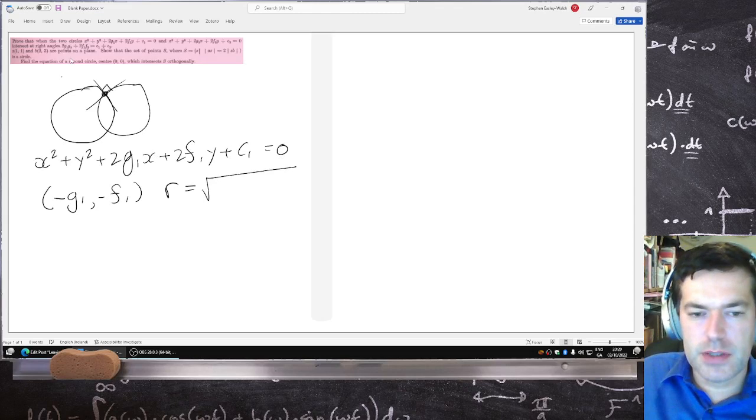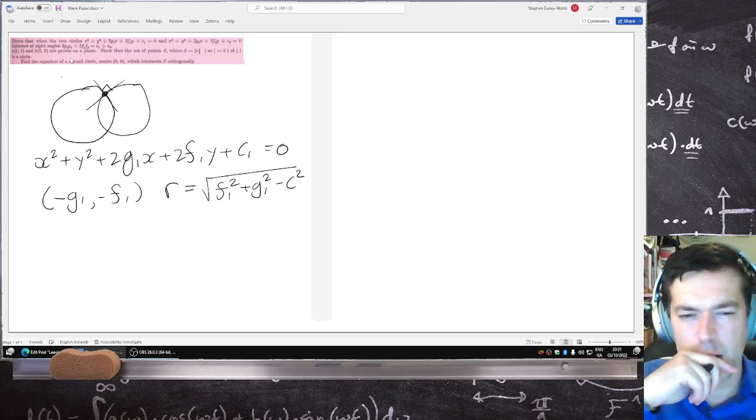square root. What is it now? I always forget this formula. Let me think about this. It's f1 squared plus g1 squared minus c1. Isn't that it? Yeah, I'm pretty sure.